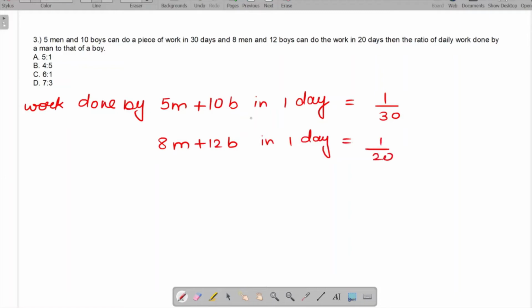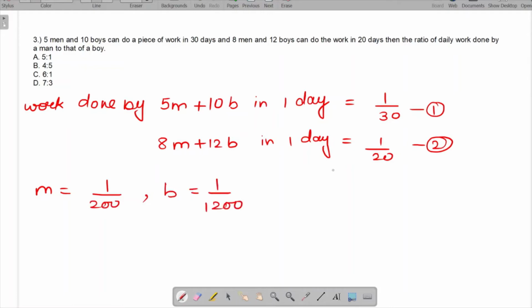So after solving equation 1 and 2, that is 5 men plus 10 boys equals 1 by 30 and 8 men plus 12 boys equals 1 by 20, we will get the values of M and B. That is, M will be 1 by 200 and B will be 1 by 1200.